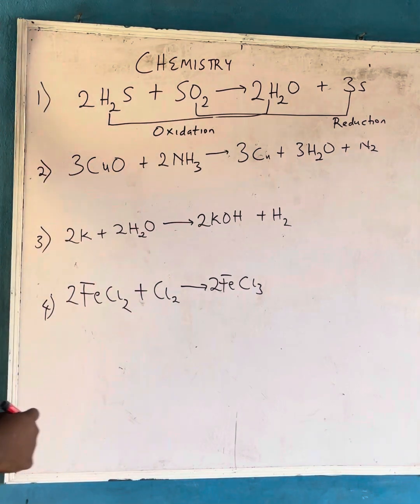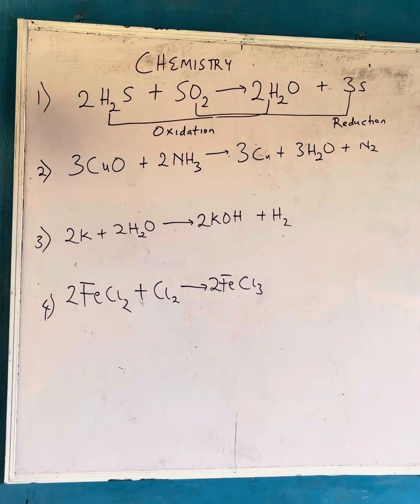Now let me identify the oxidizing and the reducing agent. We should know that the oxidizing agent is the one that undergoes reduction, while the reducing agent is the one that undergoes oxidation.